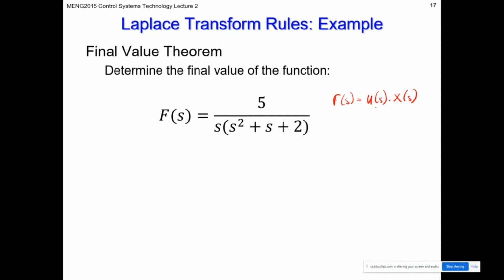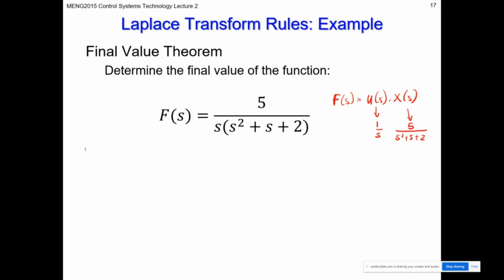Let u be a unit step input. A unit step input is 1 upon s, and let our x be a function, which is 5 upon s squared plus s plus 2. So let's assume that in this case our f of s is actually the product of a step input and a function that we're interested in.